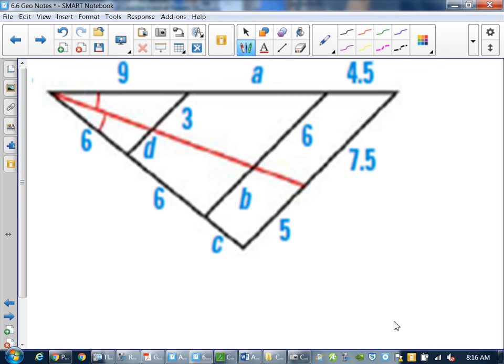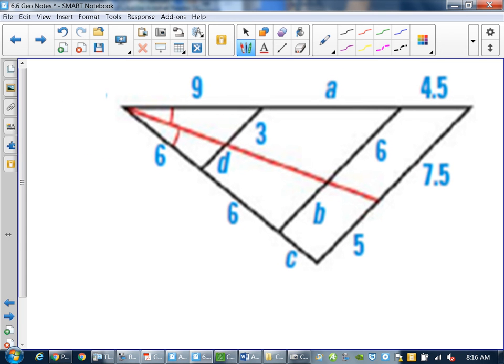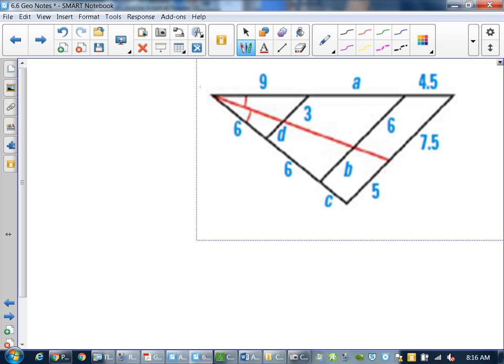If we start here, out and around, out and around. D over 6 is 3 over 9. That was pretty quick. What do you get for D? You should probably be able to figure it out in your head. 1/3, so it's got to be 2.